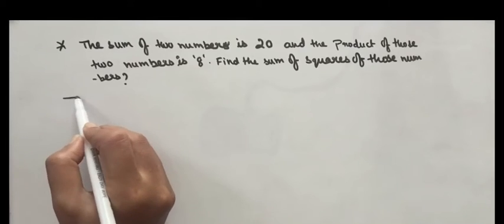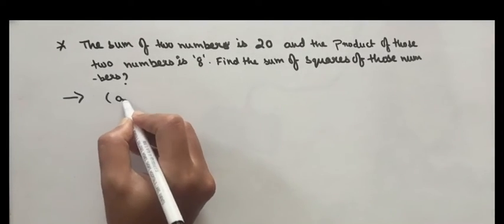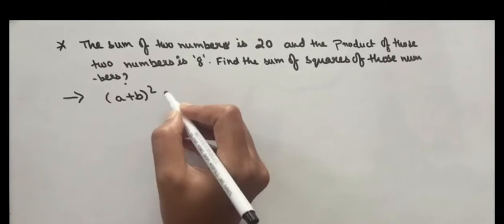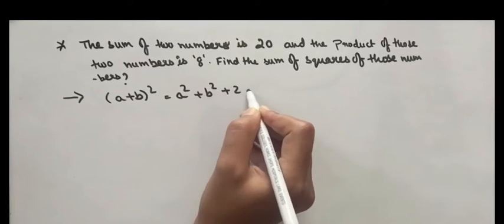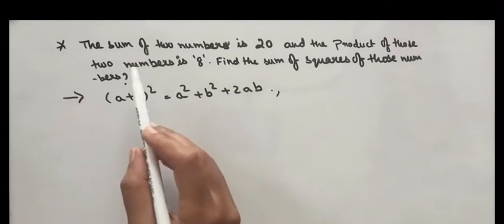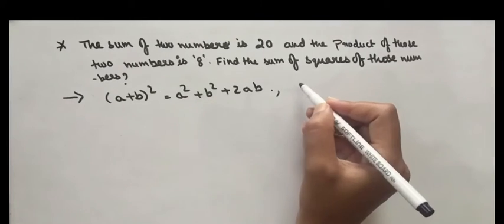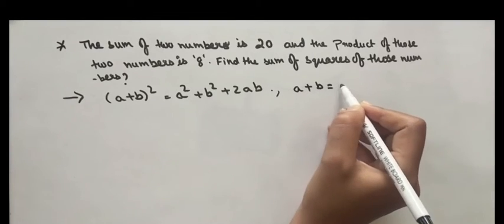Alright. Now, which formula we have to use here? A plus B whole square again. Okay. A square plus B square plus 2AB. Now, what is the information given in the question? Sum of two numbers is 20. Let us suppose A and B are two numbers. Now, sum of two numbers means A plus B equals to 20.